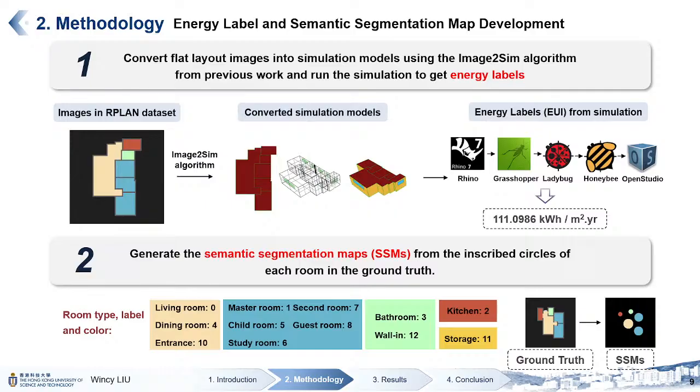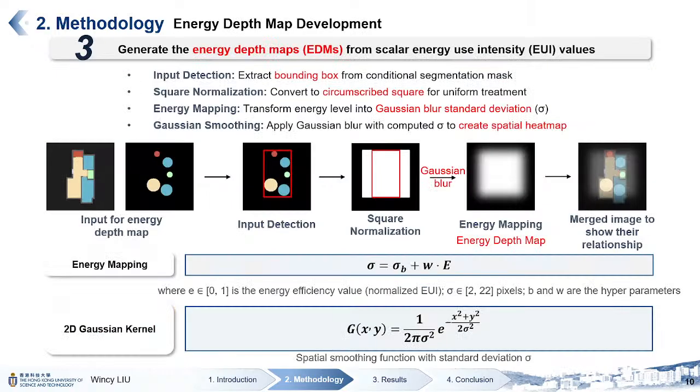when we use the model in real practice, we can draw the segmentation map freely based on the logic of the architects. The next step is the most important part of this work: to prepare the energy depth map. This is because the diffusion model is a visualization model, and the ControlNet also needs an image format as the input.